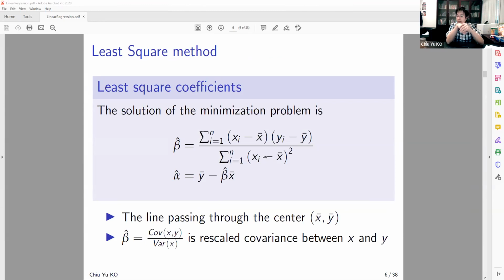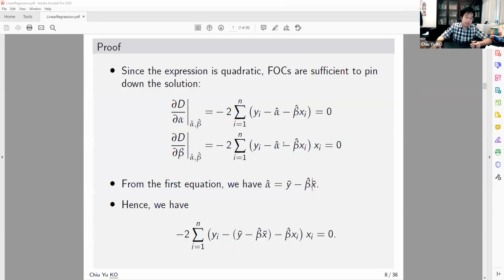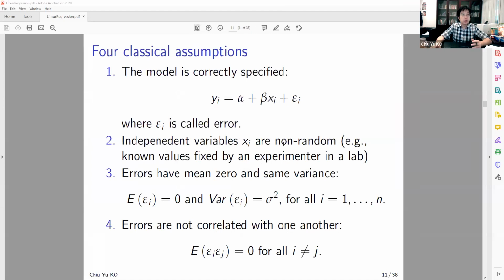What is the confidence interval for those? Can we do test statistics? Can we do hypothesis testing on whether they are different from 0 or not? That is the goal of having a model. So we make four classical assumptions, and these assumptions will give us a nice property of our estimates.